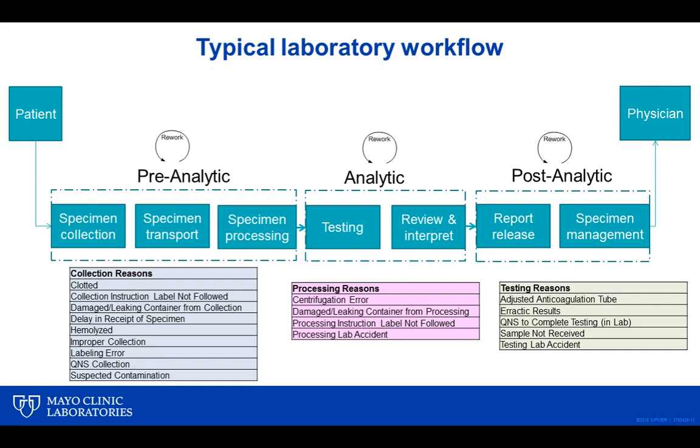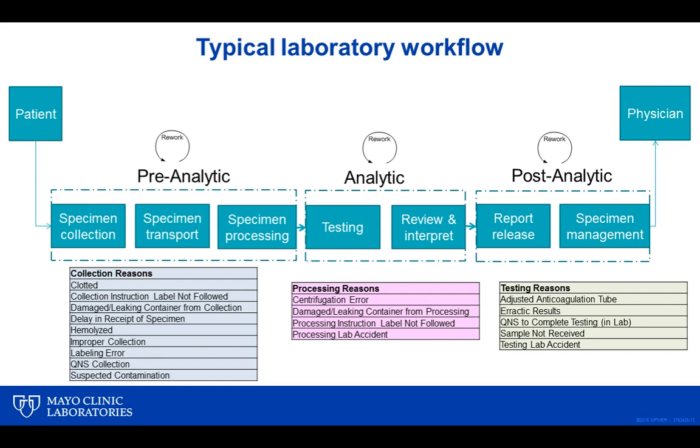So this is a generic lab workflow. But what you can see here is in any of these phases, the pre-analytic, analytic, or the post-analytic, there is potential for a rework. And when I say potential for a rework, something can happen that you have to say, I have to do this work again. On the collection side, I have some examples here.